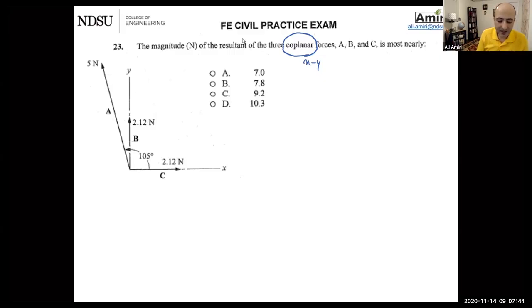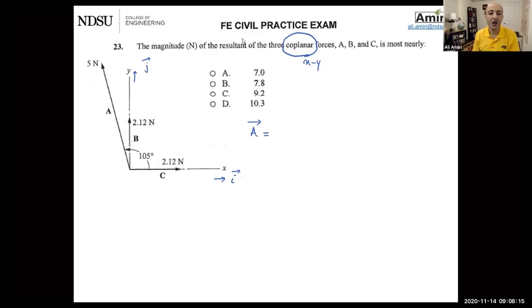To do problems like this, it's always better to find the components of each vector along X, components of each vector along Y, and then just add them together. So let's do that. I would like to write A in terms of its components using something called a unit vector. It means it's a vector along X or along Y with a magnitude of 1.